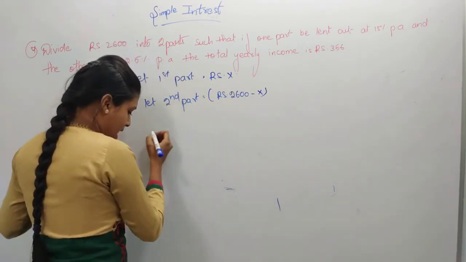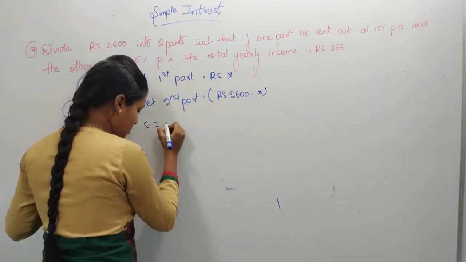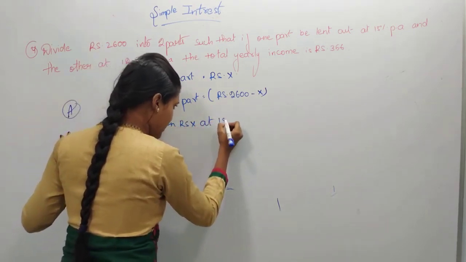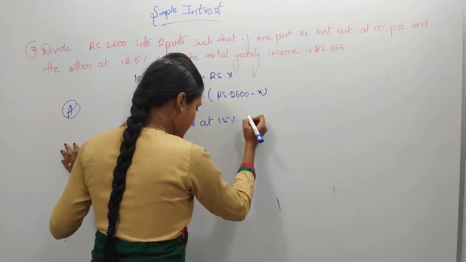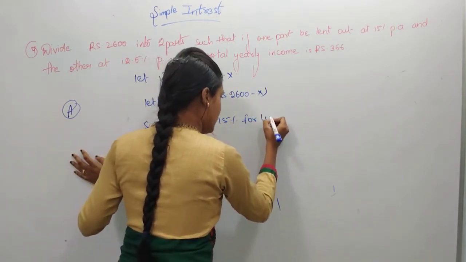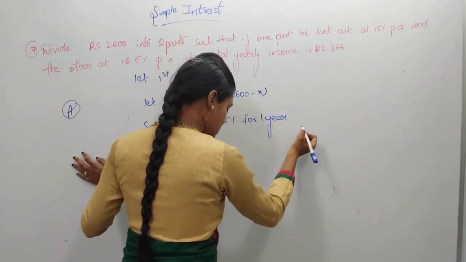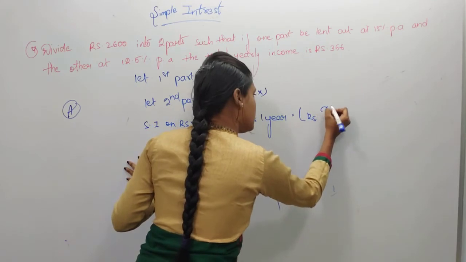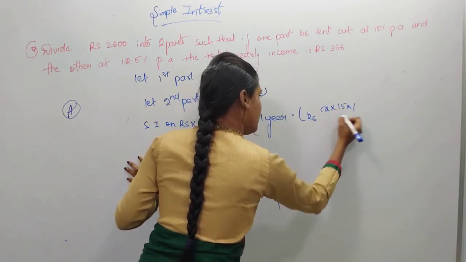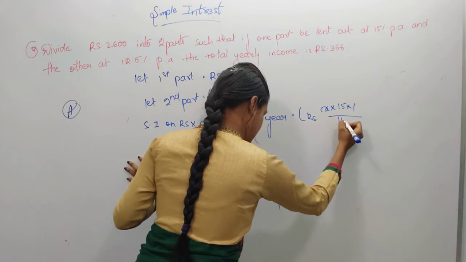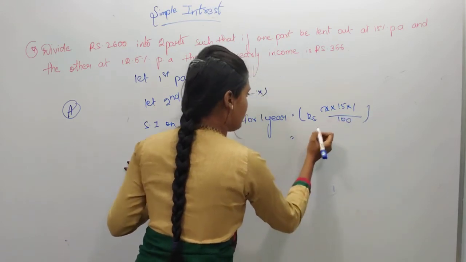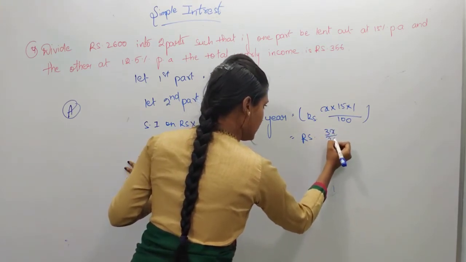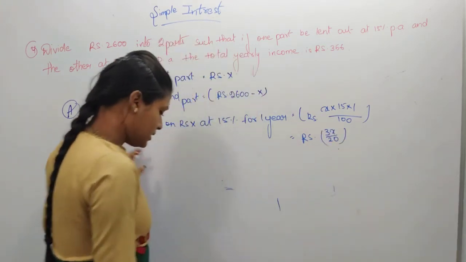Now SI on rupees x at 15% for 1 year. Then what will we get? Rupees x into 15 into 1 by 100. Then by solving it we get rupees 3x by 20. First part we got.